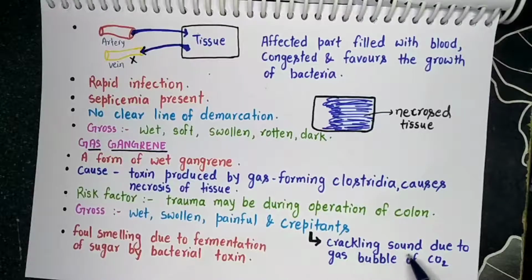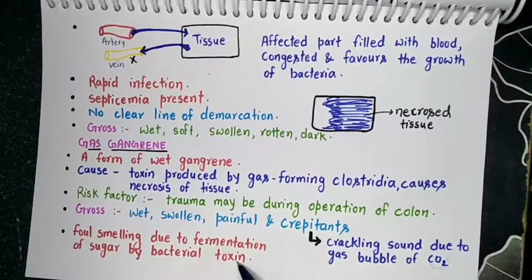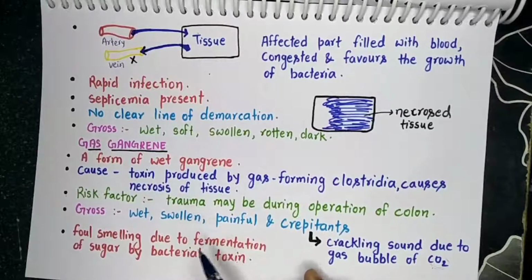Crepitus means a crackling sound that may be produced due to accumulation of gas bubbles of CO2, and CO2 is produced due to fermentation of sugar by the bacterial toxin. And due to the same cause, the tissue will be very foul smelling in case of gas gangrene.